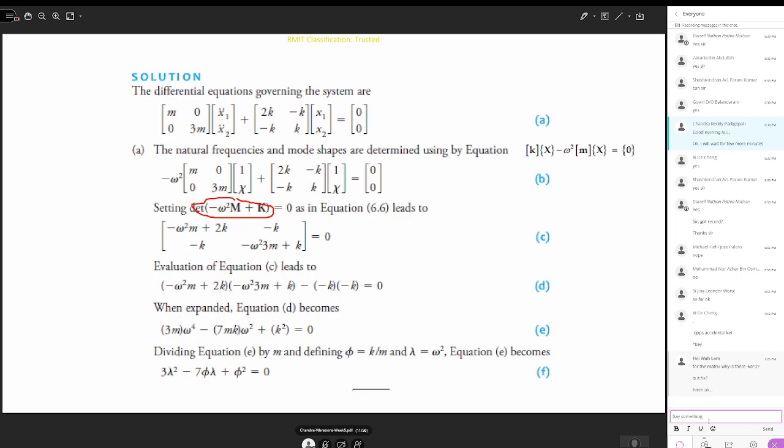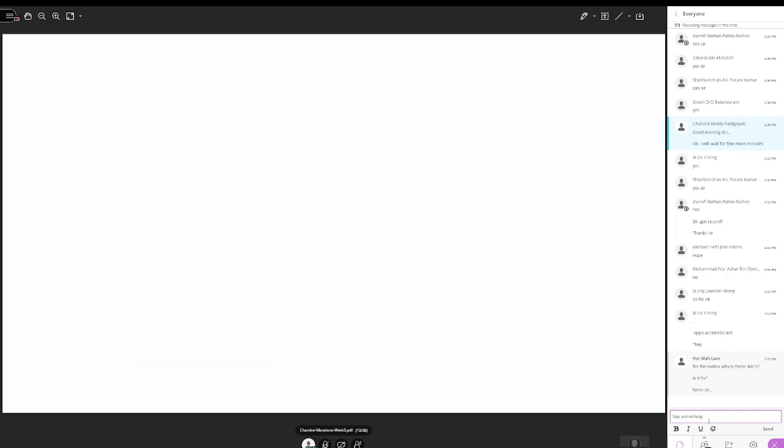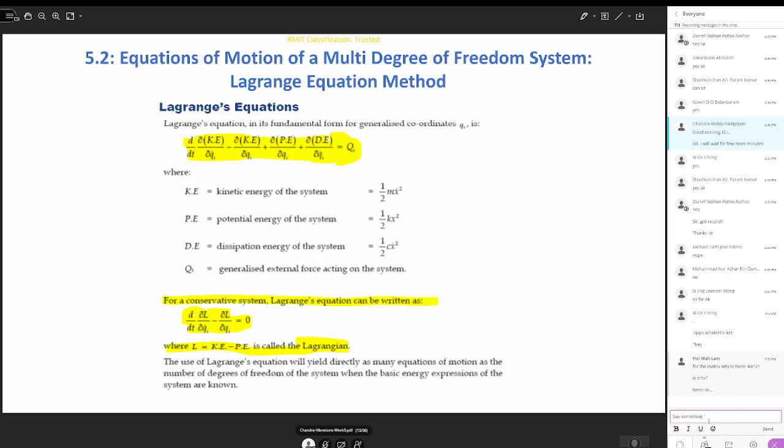Then you end up getting a fourth order equation, and with appropriate substitution, in this case phi as K by m and lambda as omega square, this fourth order equation reduces to a quadratic equation. You can solve this quadratic equation and get the two roots, omega 1 and omega 2. All right, so this is how we can solve simple 2-degree of freedom systems.